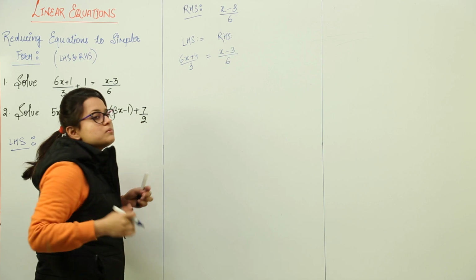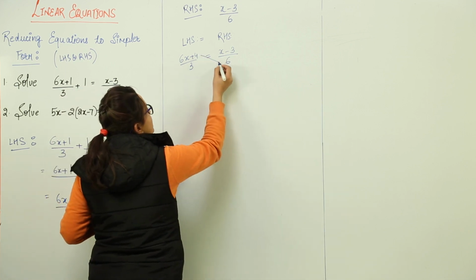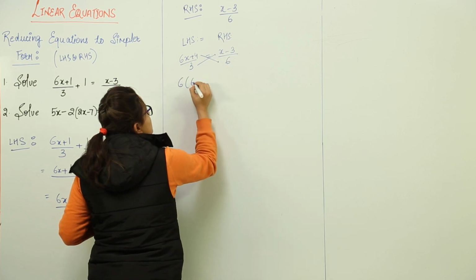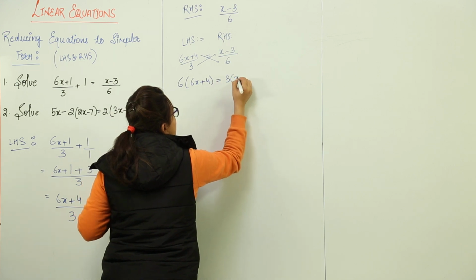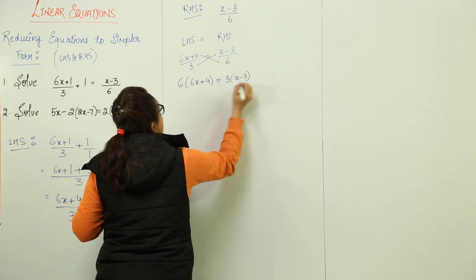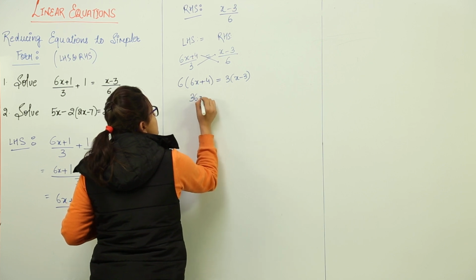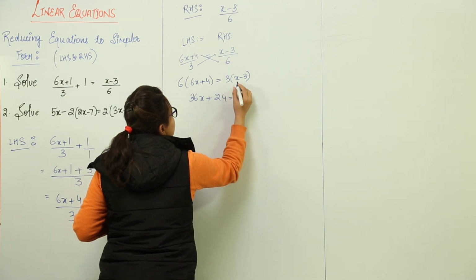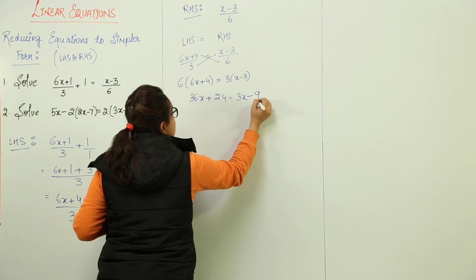Now this equation can be solved with the method we have discussed, that was cross multiplication. So this becomes 6 into 6x plus 4 equal to 3 into x minus 3. Simple solving, 6 into 6x, 36x plus 6 into 4, 24. 3 into x, 3x minus 3 3s are 9.